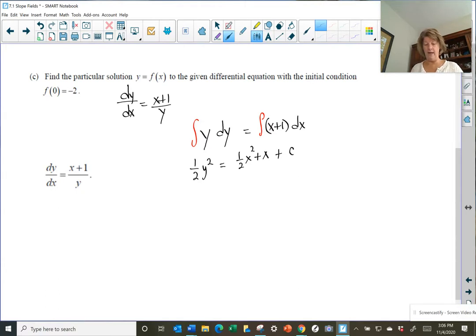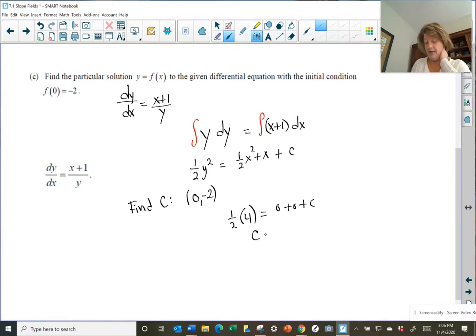We might as well go ahead and find c. I was debating about multiplying by 2, but I think I'll just leave it here. Let's find c at the point (0, -2). So plugging in -2 for y gives me 1/2 of 4 equals 0 plus 0 plus c.